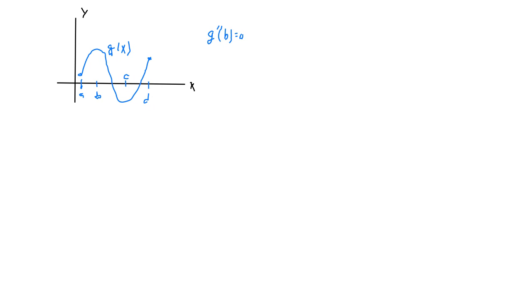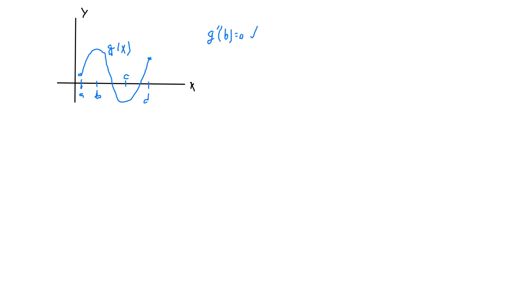When x equals B, g prime of B equals 0. So we know that there's either a maxima or minima at x equals B. Based on the graph, we can see that x equals B would provide a maxima. So g of B is a maximum.